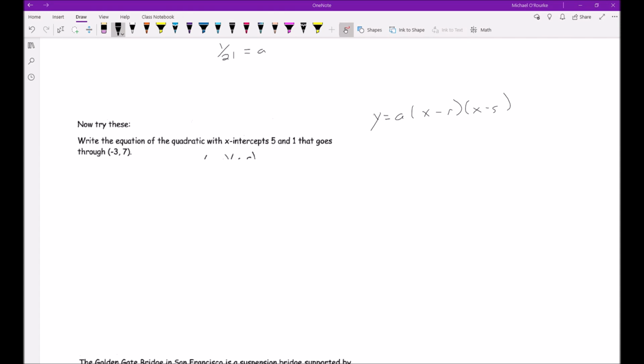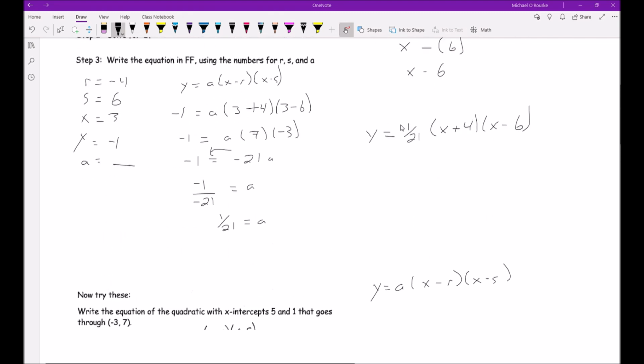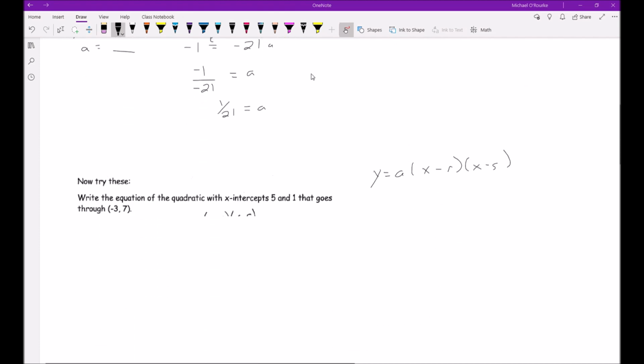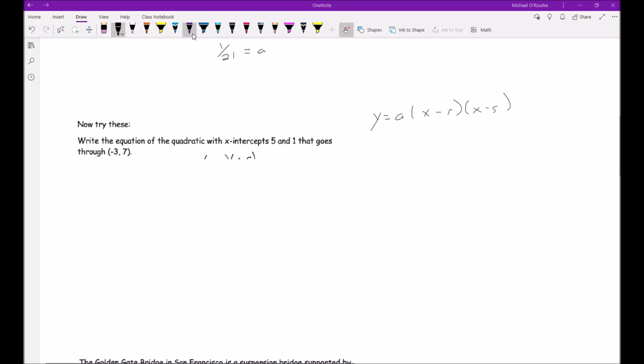So our first step here, and I apologize for people who are going to watch the recording, I missed out here. Our steps are, start with the equation form, then sub in your r, s, and x, y values. So what you're trying to do here is solve for a.